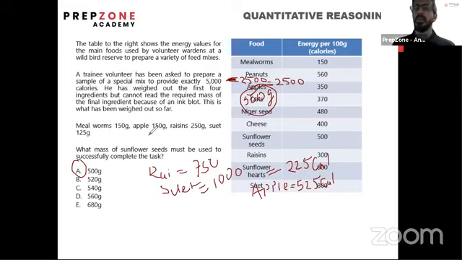So keep in mind, learn mental math skills, learn how to do calculations faster before you go for your actual ISAT test. So this is one type of question that comes out for quantitative reasoning.